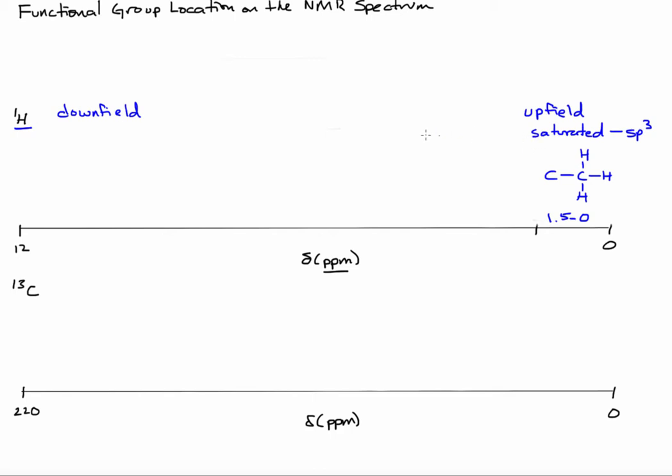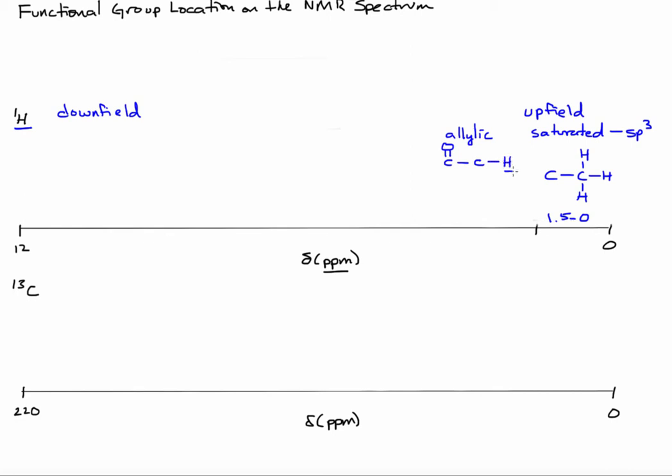So moving downfield, we have allylic. So we've learned two types of allylic situations. We can have a CO double bond, and then this is the allylic carbon here.